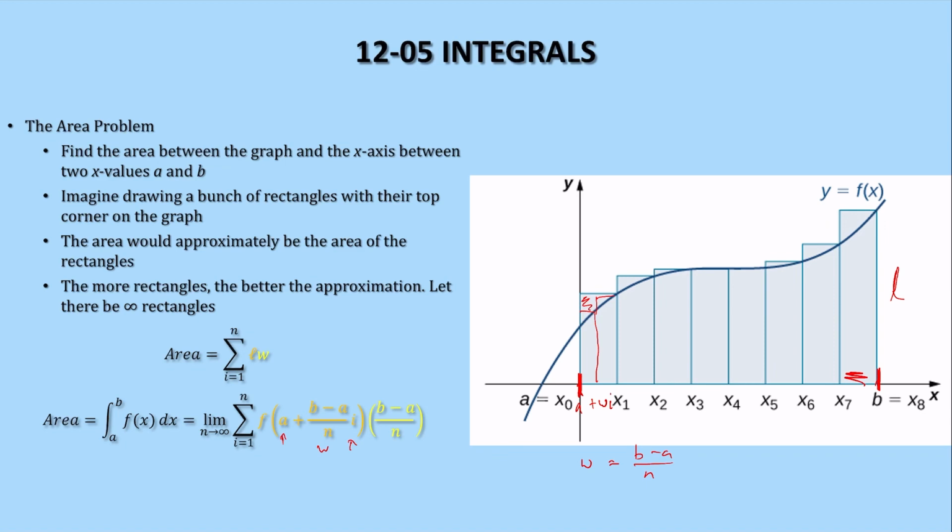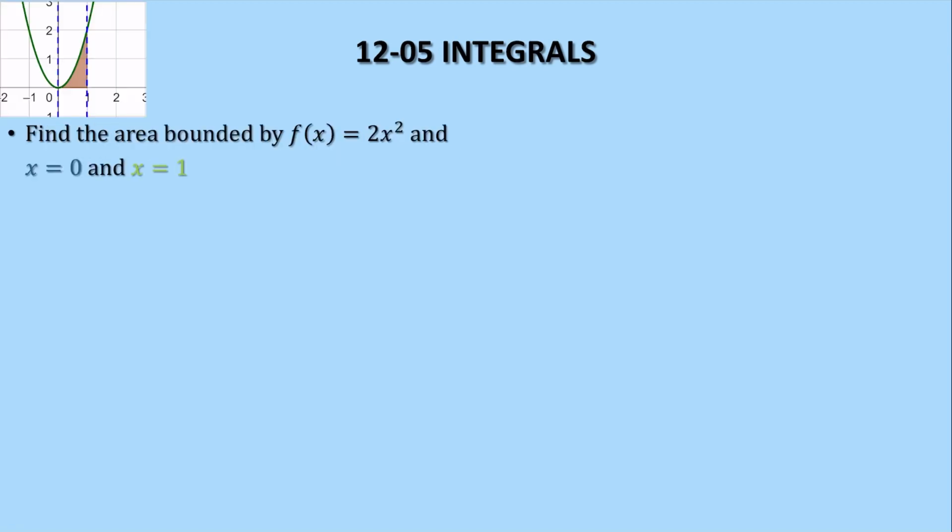And a shortcut way of writing it is the integral from a to b of f of x with respect to x, so dx. F of x dx, that tells us what variable we're plugging the a and b into. So this is called an integral. Let's find the area bounded by f of x equals 2x squared, and x equals 0, and x equals 1.